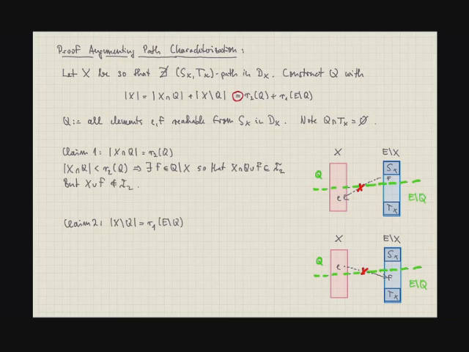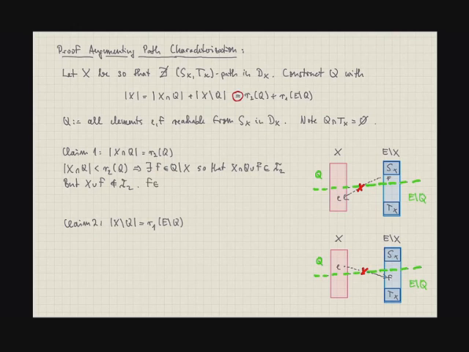Why is that? Well, that's because all the elements F that can be added to set X are contained in the set Tx, right? But this element F is actually part of Q. Okay, so let me write that down.